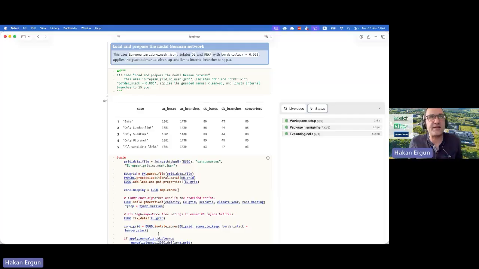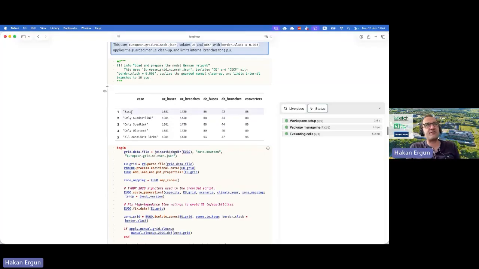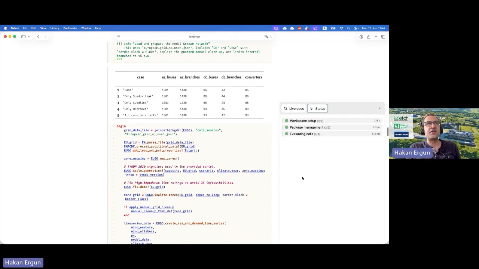So at the end of the day, we are solving the model optimization problem for the hours that we have defined, for the base case where we don't have any investment, and where we then only add the pseudos link, the Zoot link, or the Alternet connection, and then eventually all candidate links as well. And here you can see the size of the system.